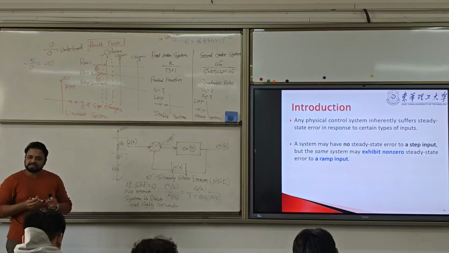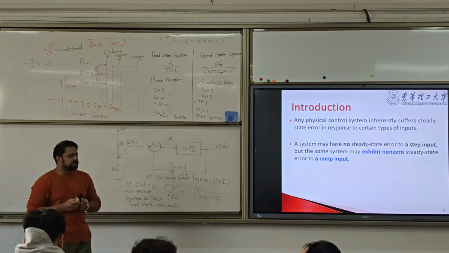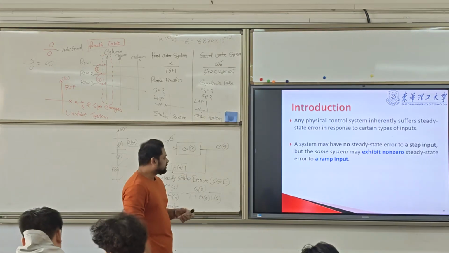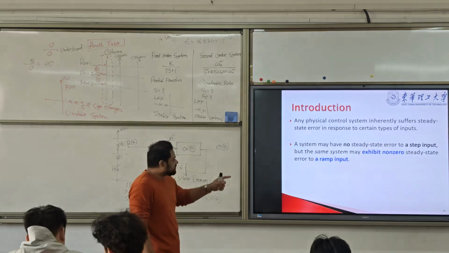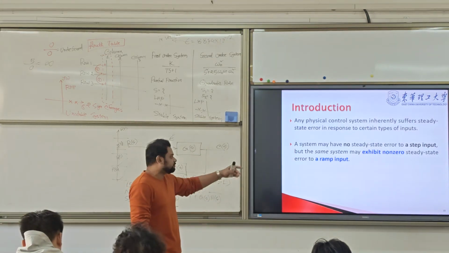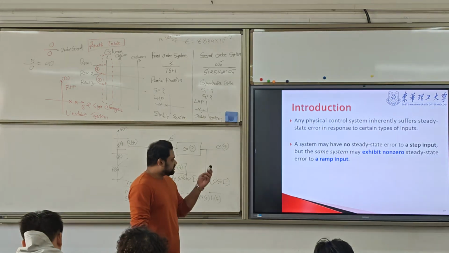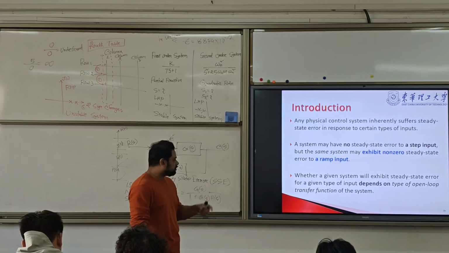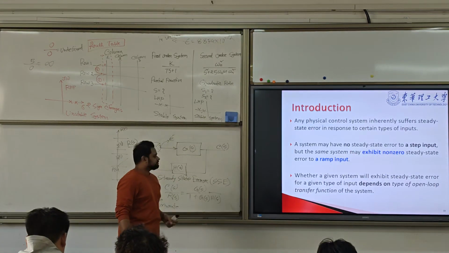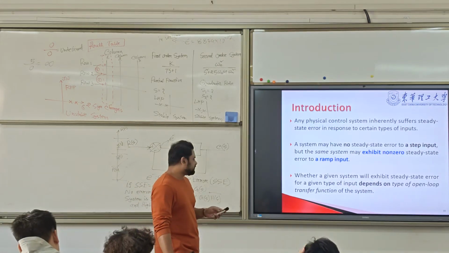Any of the four. So it will respond based on different types of input. If there is no steady state error for a step input, it may show an error for another type of input like ramp input. So this steady state error mostly depends on the open loop transfer function, for a given type of input.